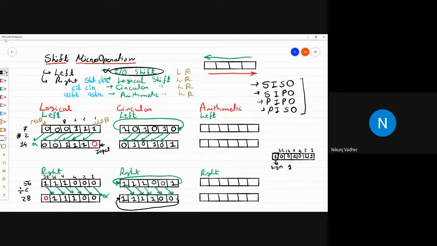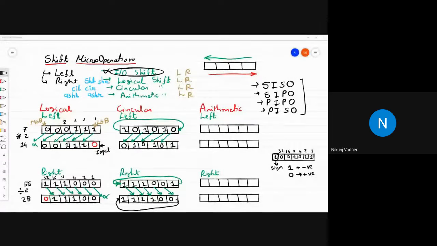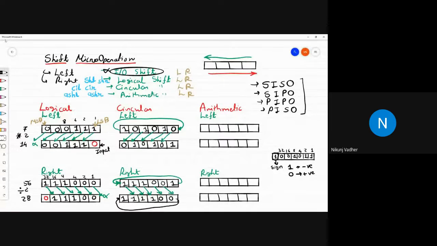If it is 1, that means the number is negative, and if it is 0, that means the number is positive.